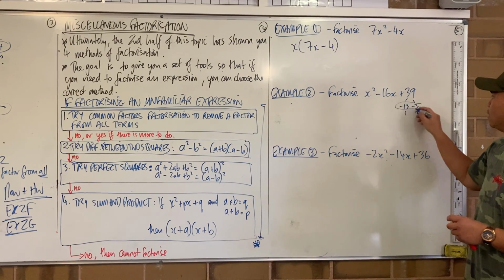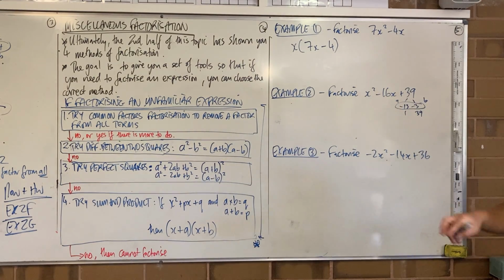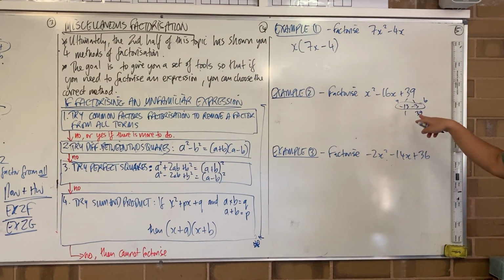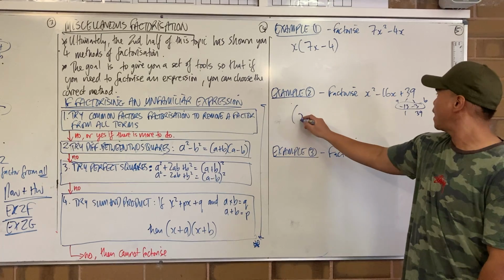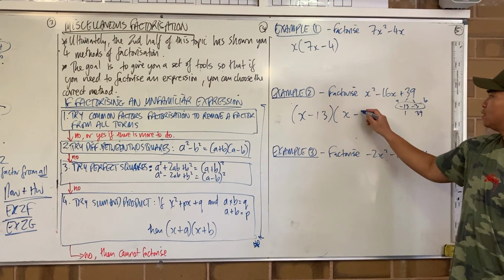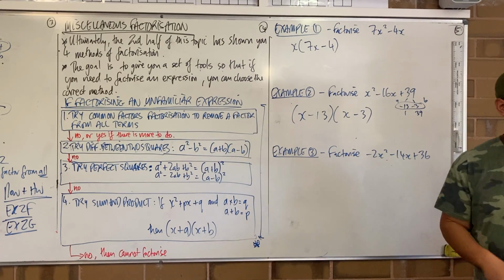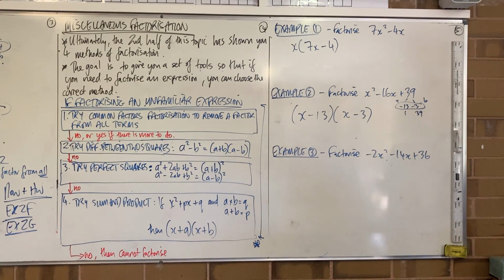So this is my A, this is my B, the order actually doesn't matter. I just need two different numbers here. So this factorization is going to be x take 13 and x take 3. Remember, you'll have a calculator as well, so if you're not quite good with your 39 times tables and stuff, you can just try some stuff.